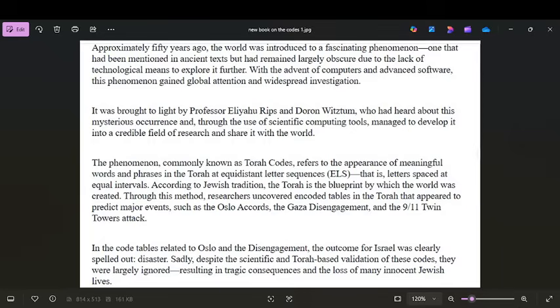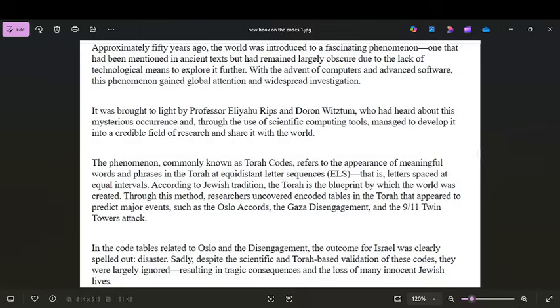The phenomenon, commonly known as Torah codes, refers to the appearance of meaningful words and phrases in the Torah at equidistant letter sequence, ELS, that is, letters spaced at equal intervals.